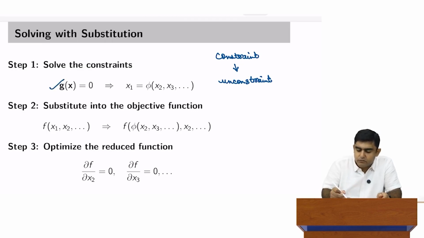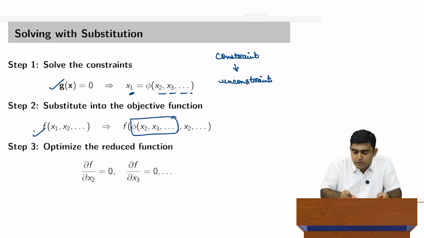If we have g of x equal to 0, we can write x1 as a function of every other variable but x1, and we can substitute x1 back into the original objective function f, which is also a function of x1, x2 and so on.